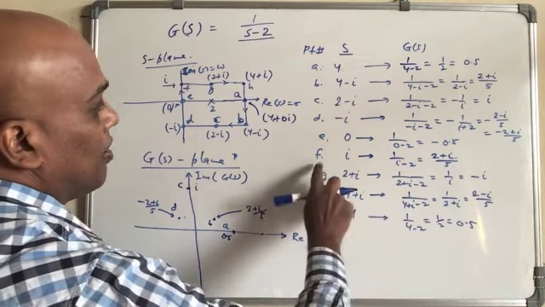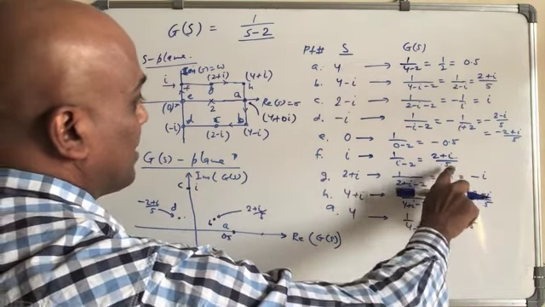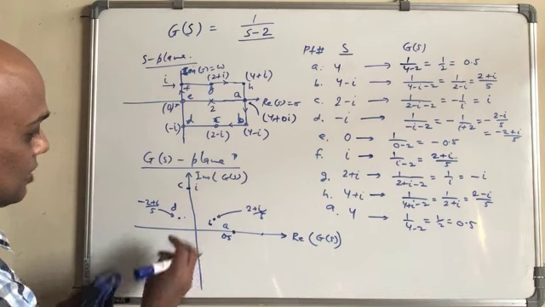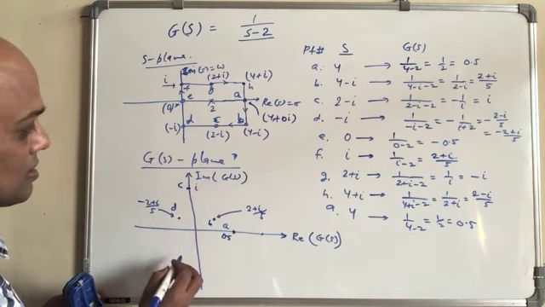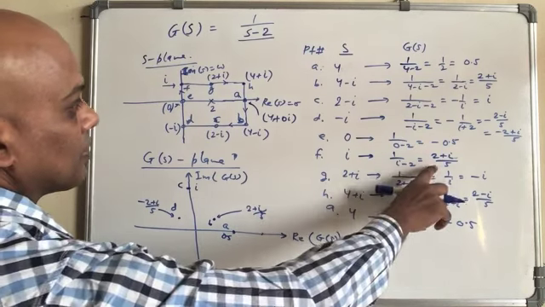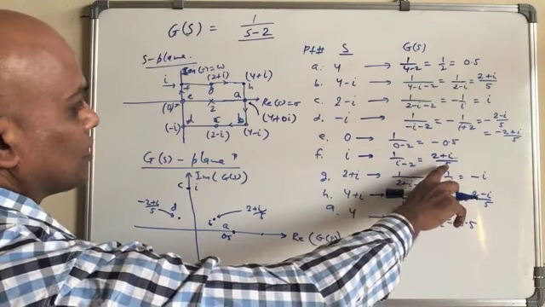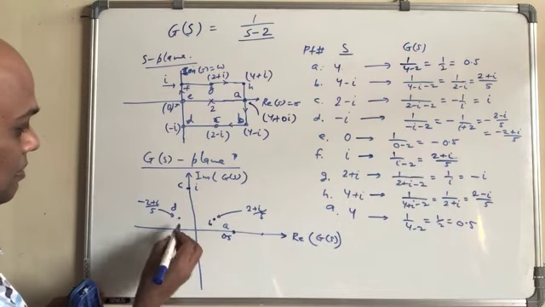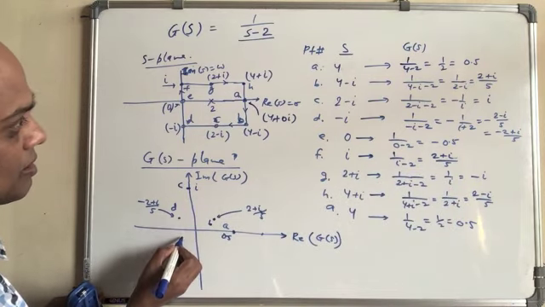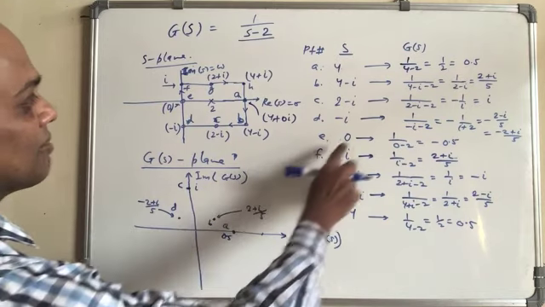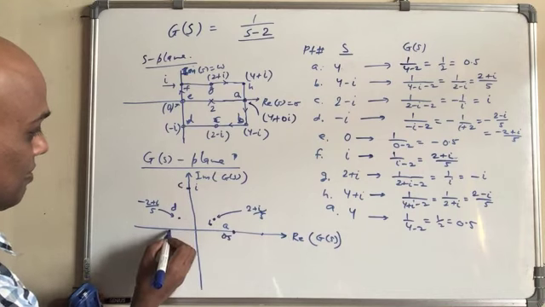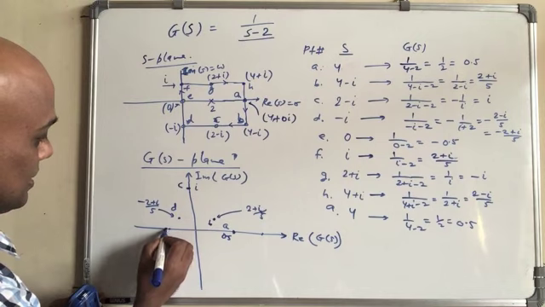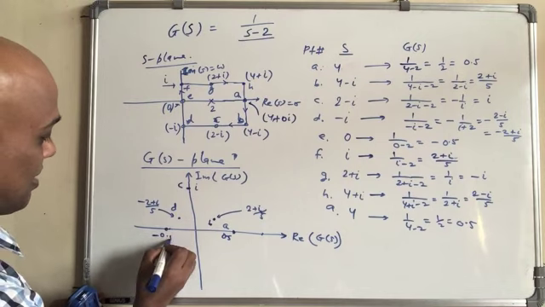After D we have E, and E is minus 0.5, which will be somewhere here, so minus 0.5.